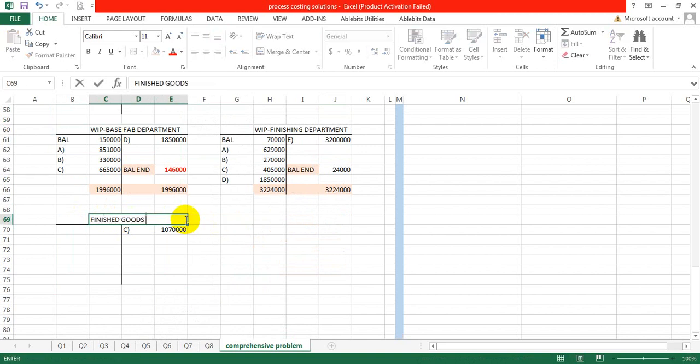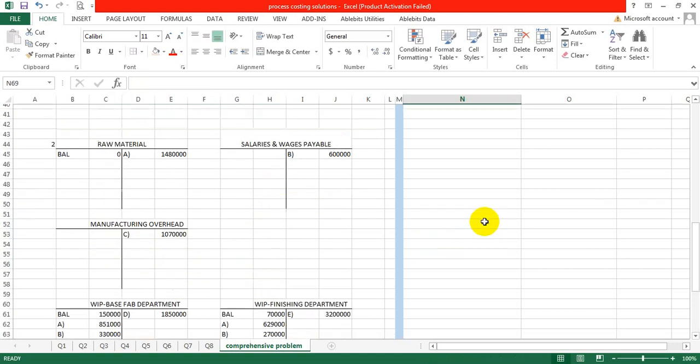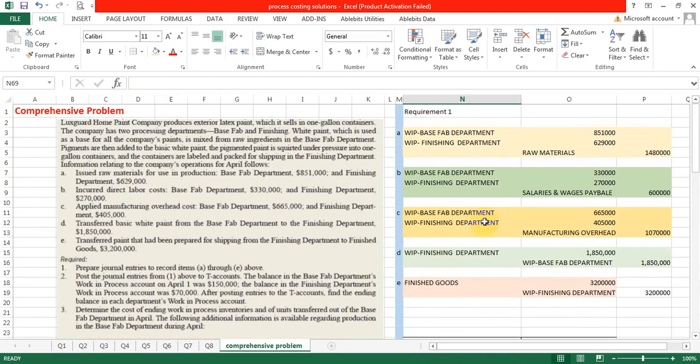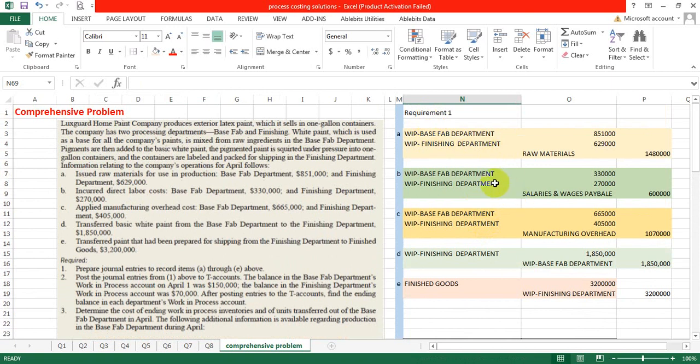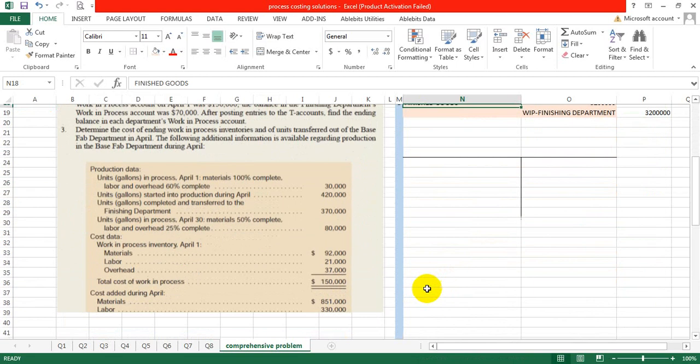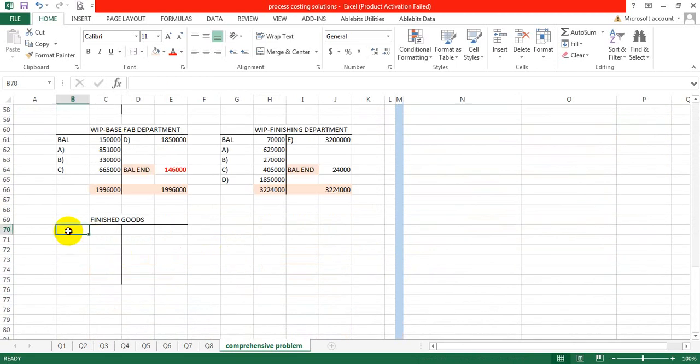See the entries: there is no finished goods credit, but debit with 32 lakh. So we will write the value of transaction E, that is 32 lakh, right?